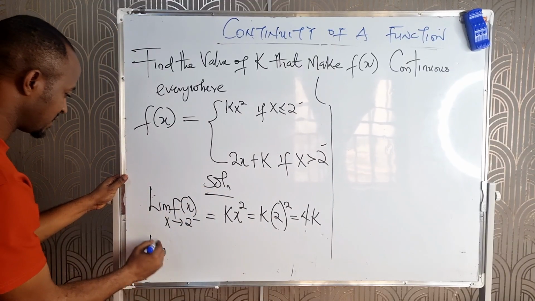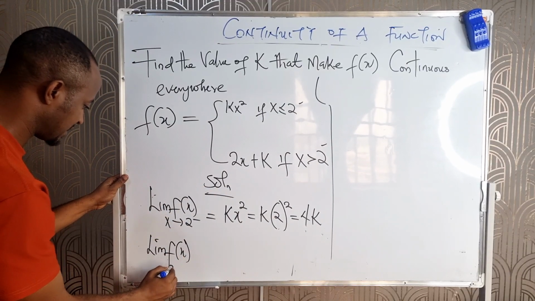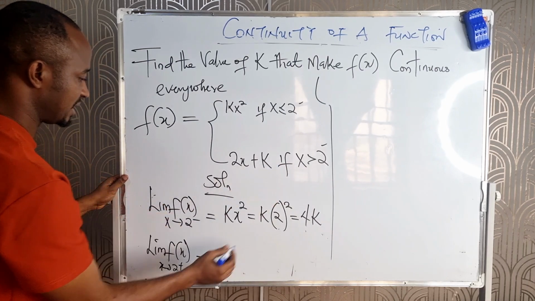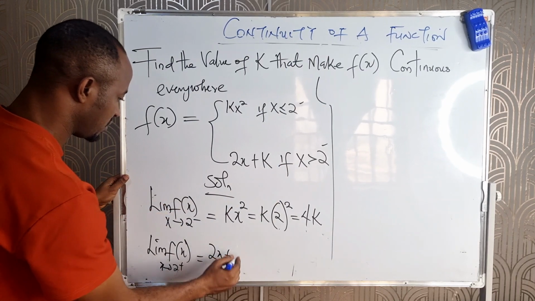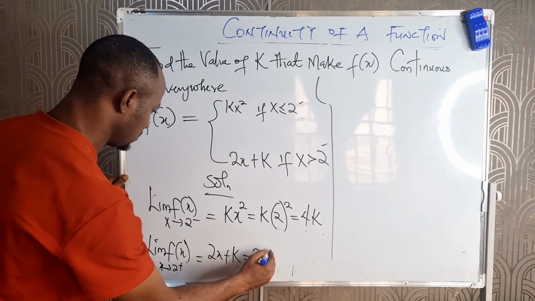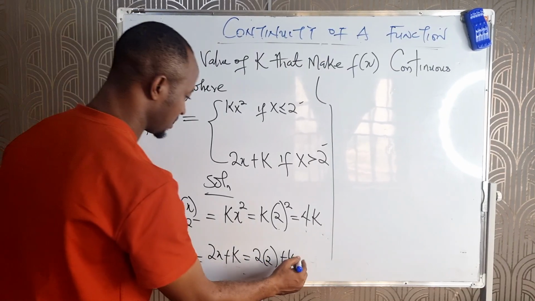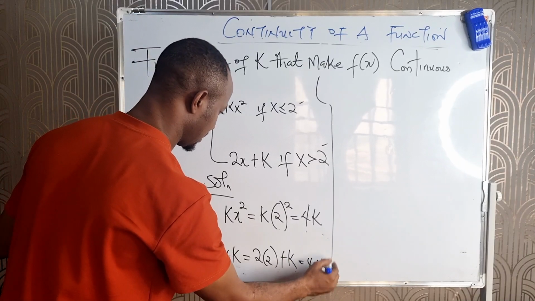Let's find the limit on the right hand side, which is 2x plus k. That will give us 2 times 2 plus k. 2 times 2 is 4, plus k will give us 4 plus k.